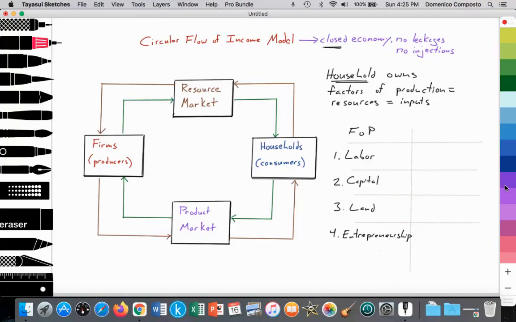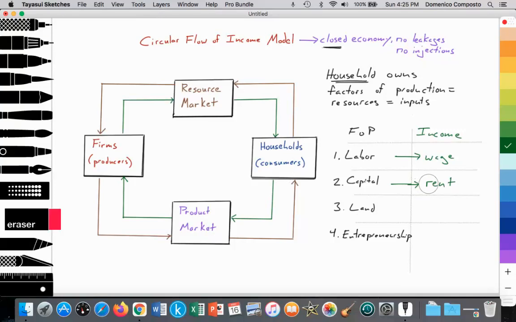Labor can generate a form of income. That form of income is a wage. If the household is offering their capital resources, they can generate a form of income that we call interest. My mistake.